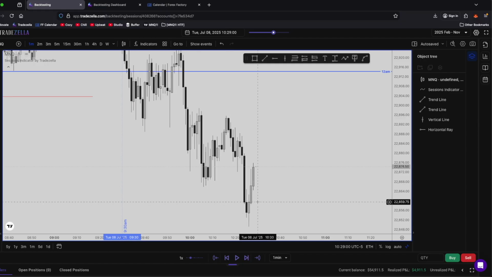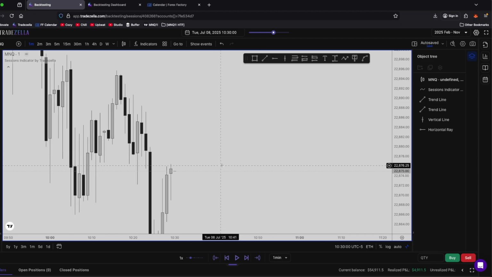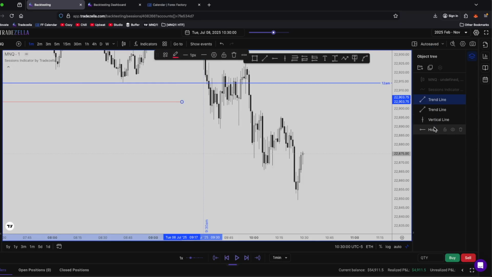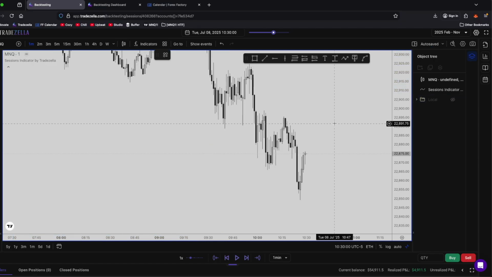There we go. This is looking nice. So that closed above that inversion. So let's zoom out and see what we got here.